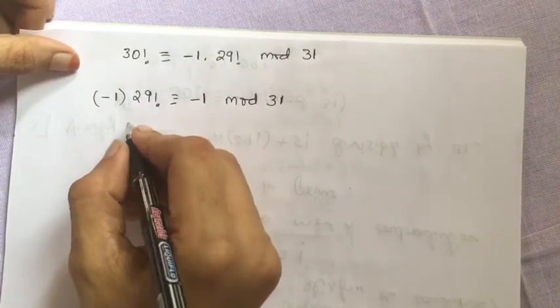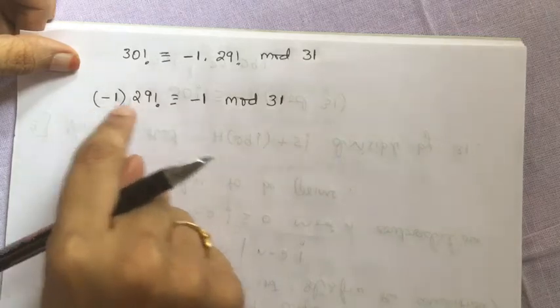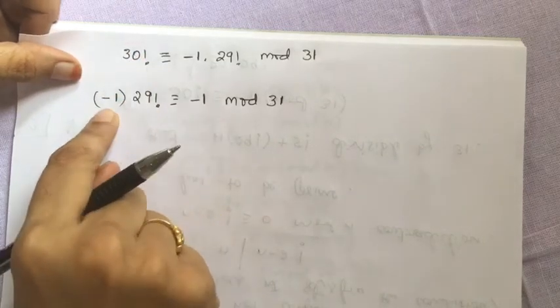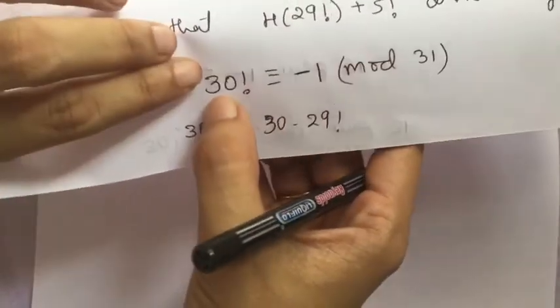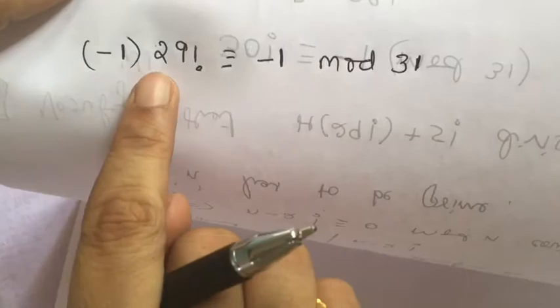And this I'm writing: 30 factorial as minus 1 into 29 factorial, which is congruent to minus 1 mod 31. Okay, I hope you got it.